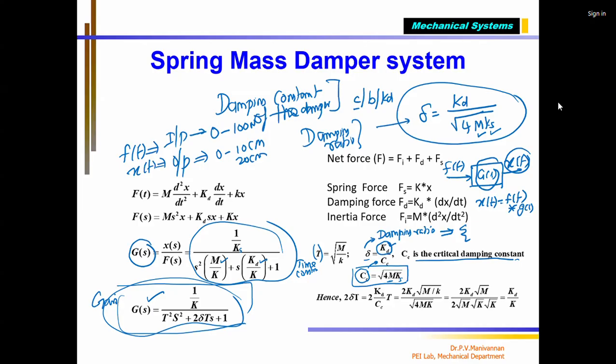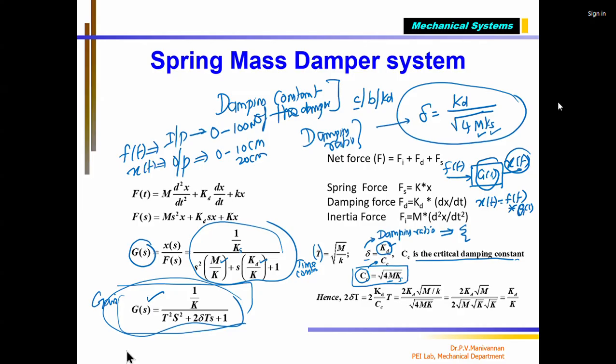Correct? So the gain is going to decide. Gain depends upon the system, that means the spring stiffness, the mass of the mass element, and also the damping constant. If I vary these values, my gain, the transfer function, will vary. Then for a given input, you get a particular output. That is what we are interested in.